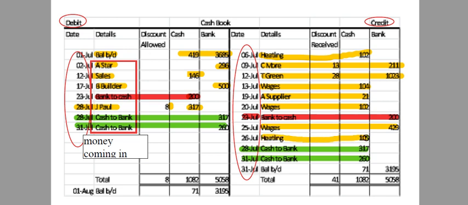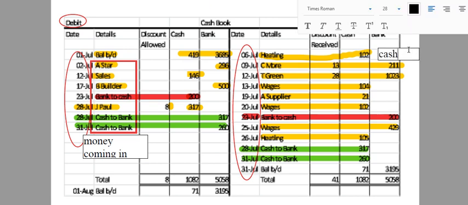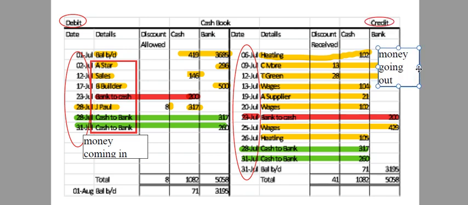So if you notice, all the transactions on the debit side are cash coming in, checks coming in, and the discounts allowed, and on the credit side, all the yellow highlighted transactions are the cash going out and the checks going out, and there is discount also there. So this is your money going out.